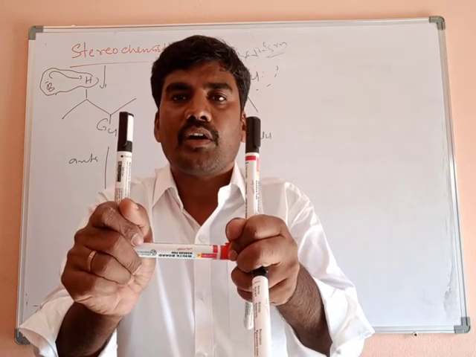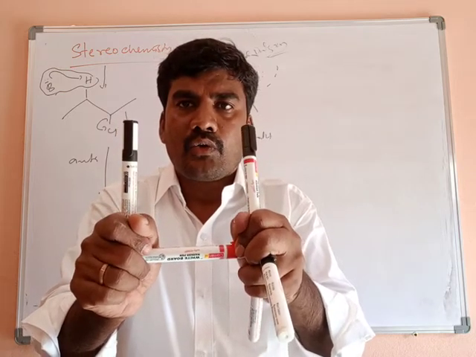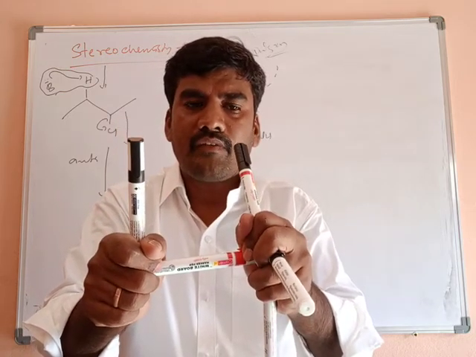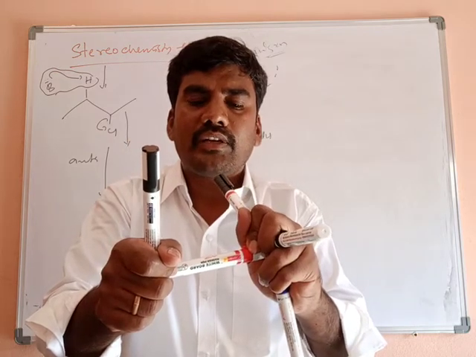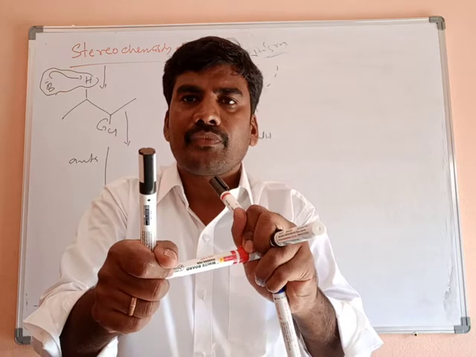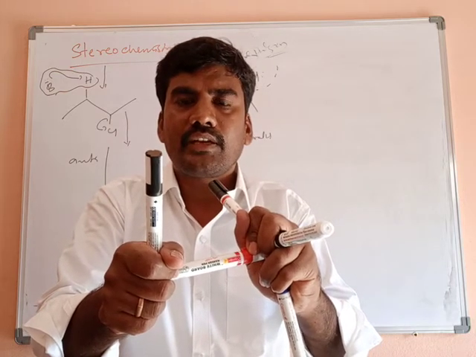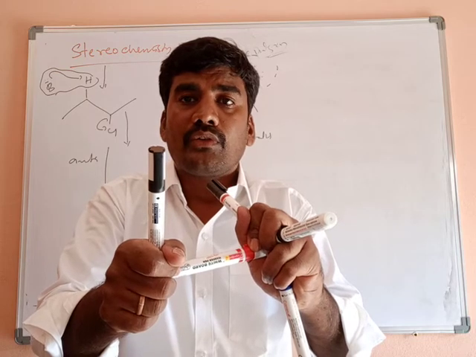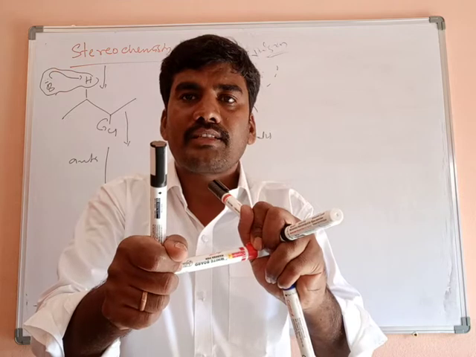Clear? When we rotate like this, what happens? The internuclear distance between the hydrogen atoms increases. Now the stability of the alkane increases.